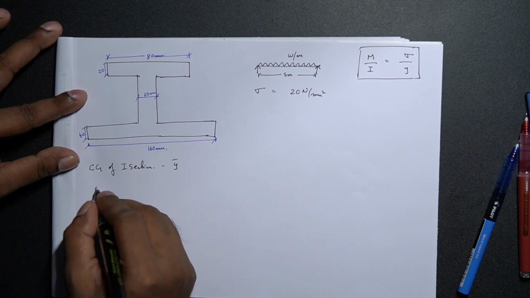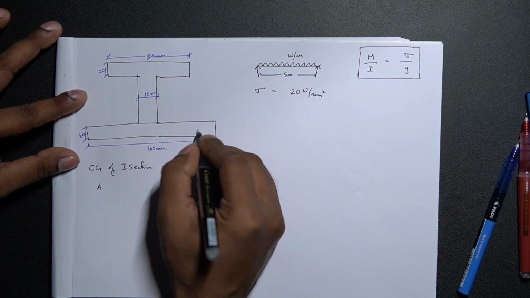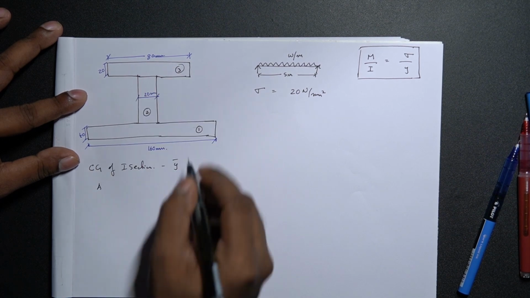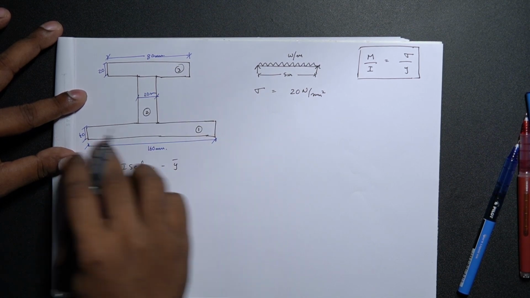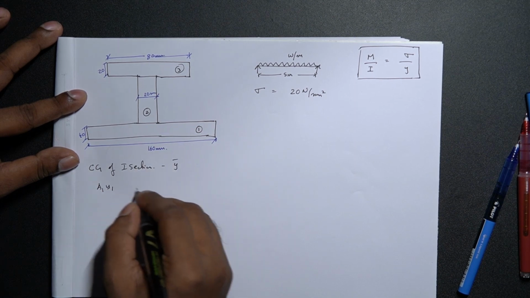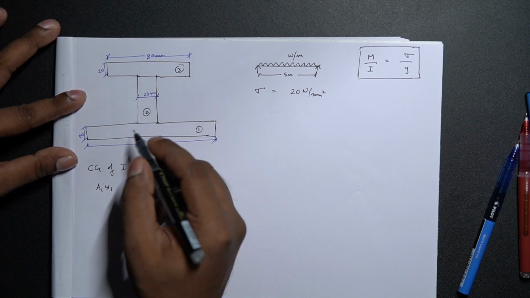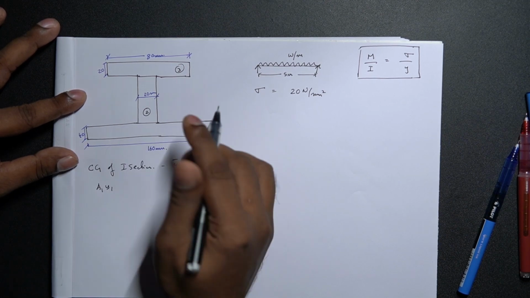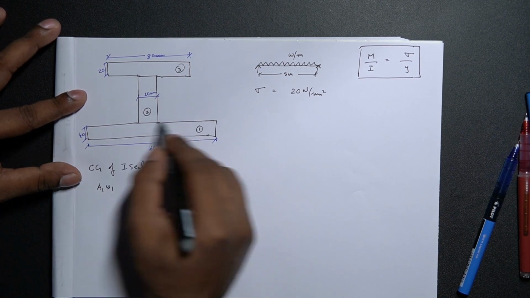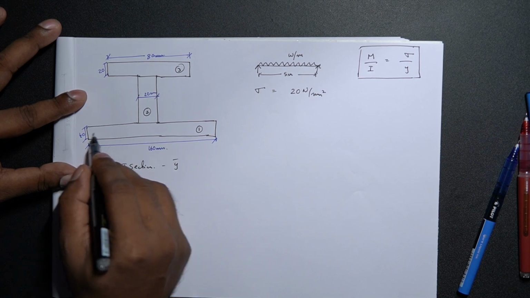The Cg of an asymmetrical I section is given by, since we have 3 sections here, let us name them 1, 2 and 3: area of section 1 times y1, where y1 is the center of gravity of the individual section. For instance, A1 Y1 means the area of section 1, and Y1 is the center of gravity of this section only.